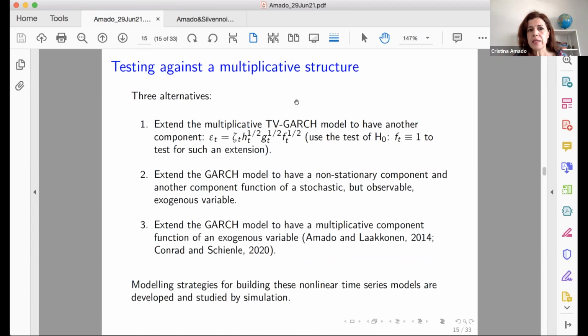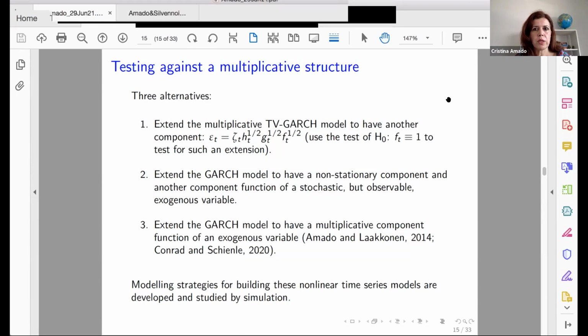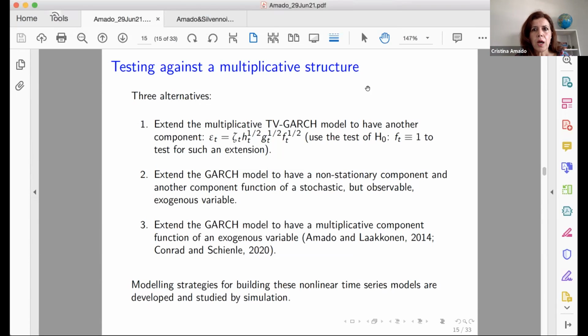Regarding the test or the sequence of tests, we could think about several alternatives for how the specification of this model could proceed. Well, we could extend the already known time-varying GARCH model to have another extra component. So this tests against this f_t component.